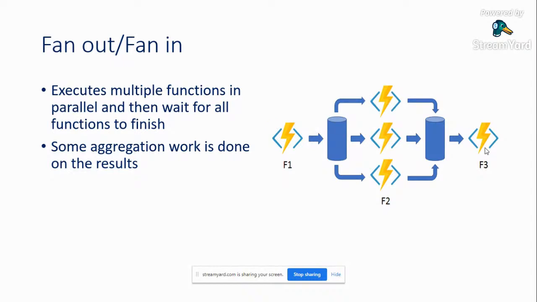For example, let us assume we are sending the marks of a student. Okay, we are getting the marks in each and every function. For example, the maths mark, science mark, and some other subject. Okay, so it gets the mark and gives the result. In this we cannot give all the marks to the F3, right? We need to do some kind of aggregation.